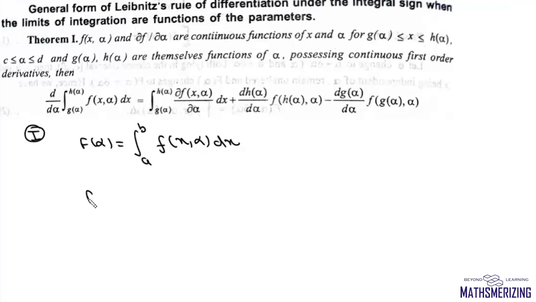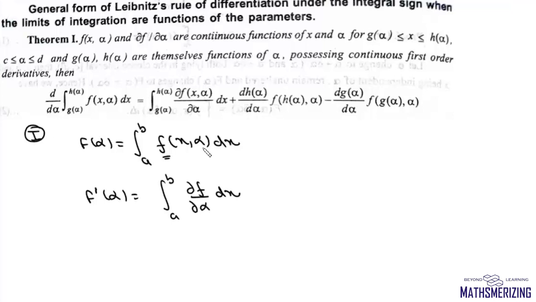If we have to differentiate this function, we can write F'(alpha) as the integral from a to b of the partial derivative of this function with respect to alpha, so it will be del f upon del alpha dx. So this is the first form of the Newton-Leibniz formula when the limits are constant but the function has some parameter alpha.